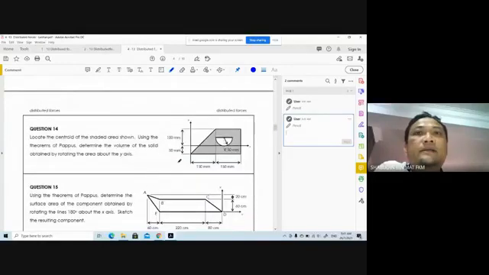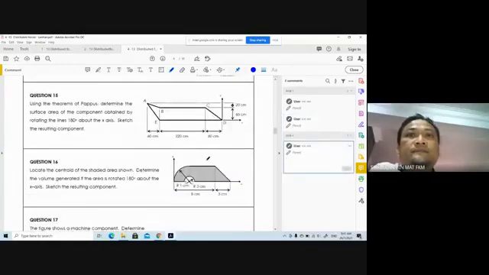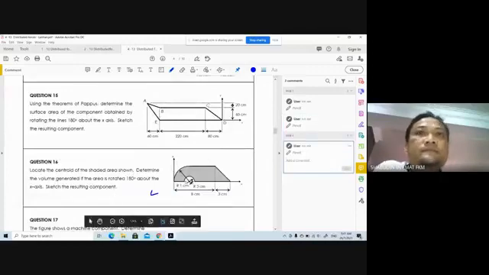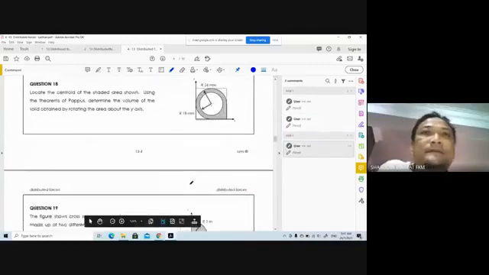Do this, interesting. Do this also, interesting, for your example.